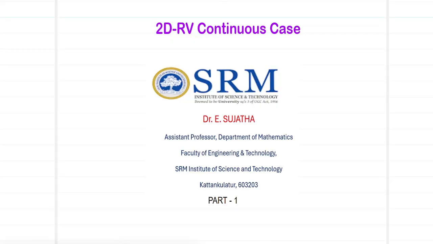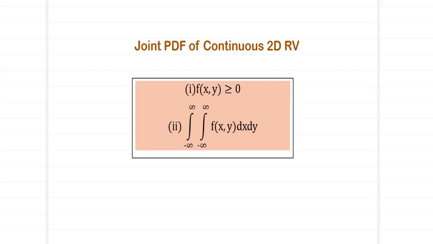We call the case a continuous case when the random variables x and y have been defined over a range. So when x and y have been defined for a range of values, say 0 less than x less than a, and b less than or equal to y less than or equal to c.